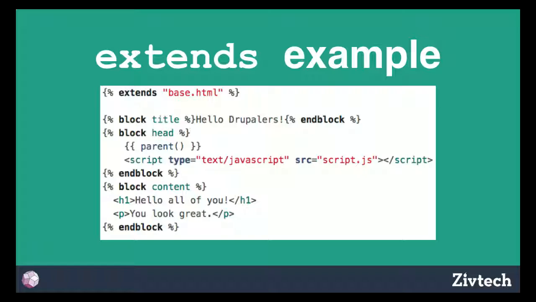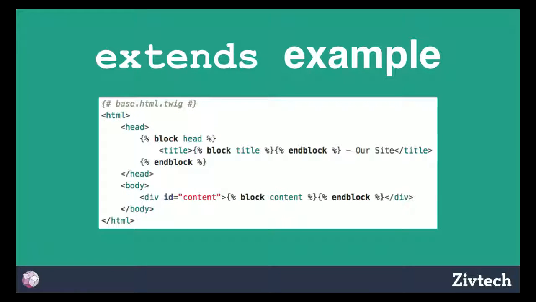So what we can do is say, again, remember the syntax: hashes for comments, percents to do something like extending or setting a variable, and then curly brackets for printing something. So here I'm saying extend base.html, which means start by assuming I want everything that we had in the other template.